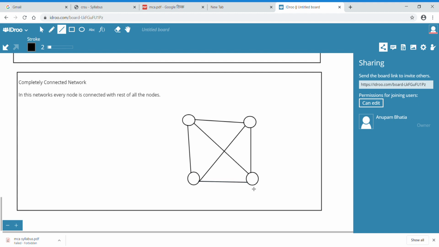Now you can see there is a direct path available from one node to the rest of the nodes. Any number of nodes can be connected. It's not a big issue. Since every node is connected to each other, therefore the diameter is equal to 1.